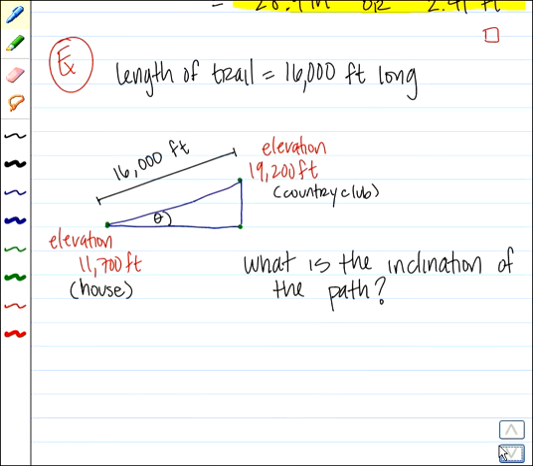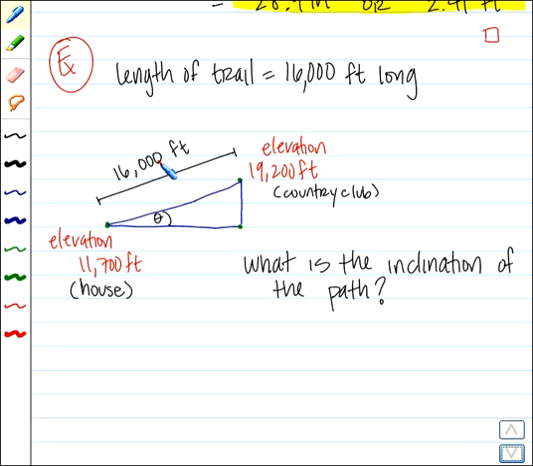And this time, we live in a house and we're elevated at 11,700 feet. Now 16,000 feet away from us exists a country club which we are going to tonight. And that is elevated, the country club, at 19,200 feet. Now what we're interested in knowing is the inclination of the path. So here's our angle that's being created, and what we need to know is another side here.